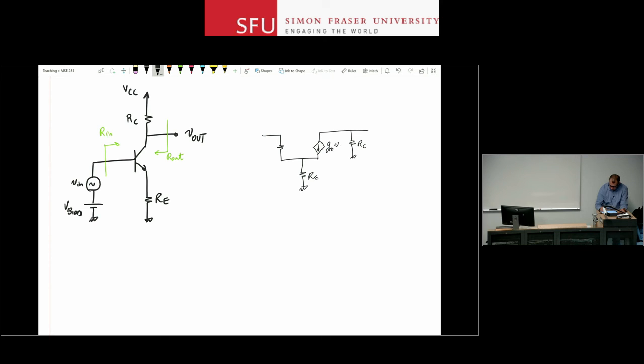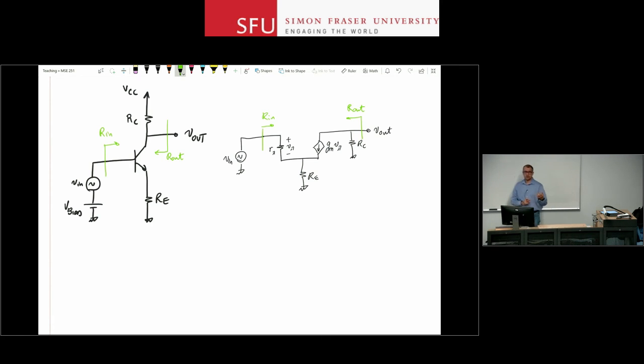My source gm vpi, this is vpi, rpi value, and at the input I've removed the DC source and only have vin left. This is vout, and if I want to be explicit about Rin, Rout values, this is where I measured. Okay? So this is the new circuit to analyze.